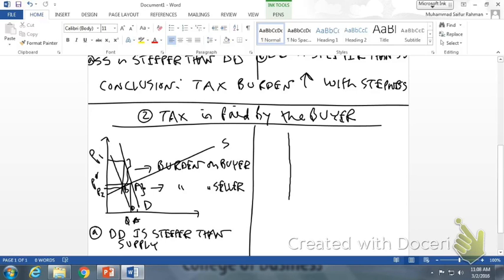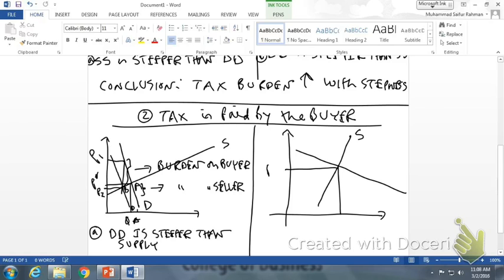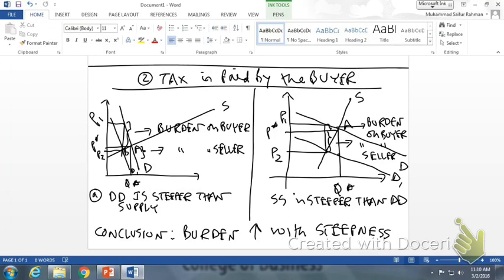and we're going to look at case number 2, where we are going to now think about a flatter demand curve and a steeper supply curve. We have the original market equilibrium, price and quantity. We need to make sure that the conclusions are identical.